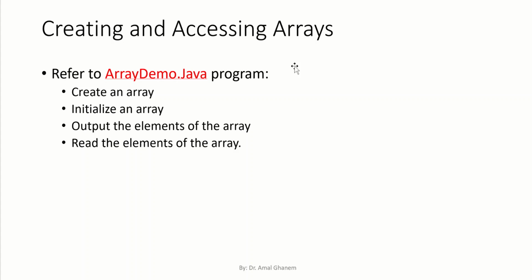So the array size is 7. You have the same practice, but instead of an array of integers, you will have an array of doubles. So please go and download the file. Try to play with the items, the reading, the output, so you get the sense and the practice of arrays.